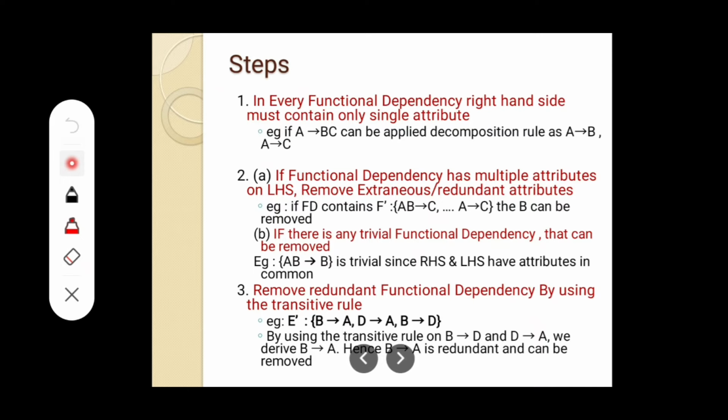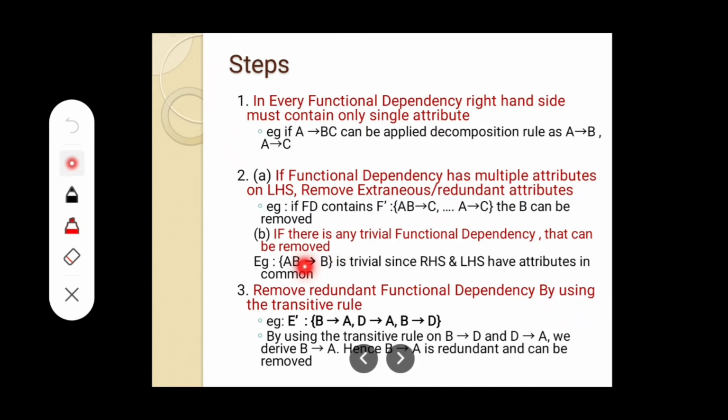Trivial functional dependency means the RHS is a subset of the LHS. That is, if RHS and LHS have some attributes in common, such functional dependencies are called trivial functional dependencies. We have already discussed trivial and non-trivial functional dependencies in the last session.